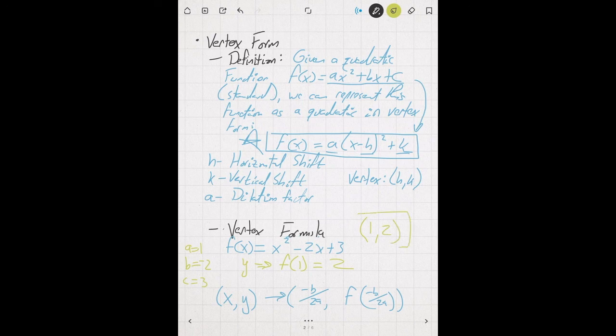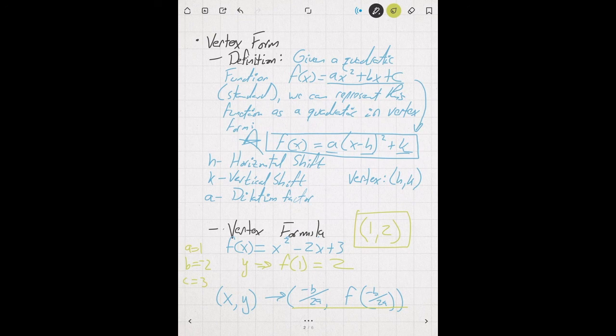I now know this is where my parabola is centered. So this form for figuring out what the vertex is lets you know where you've centered your parabola using the standard form, okay? Remember, standard form doesn't really tell us anything about the graph, not off the top of our heads.